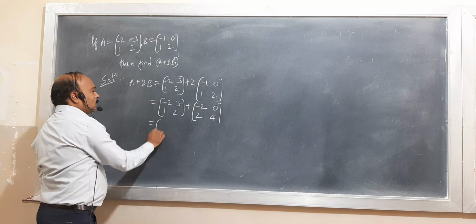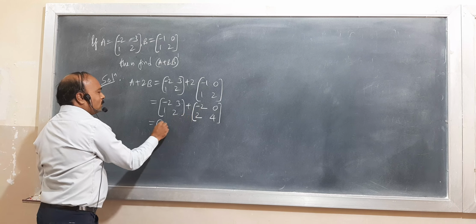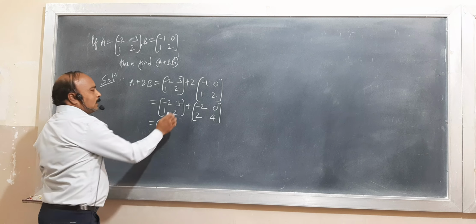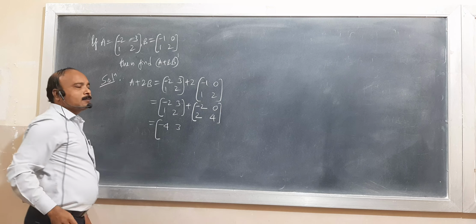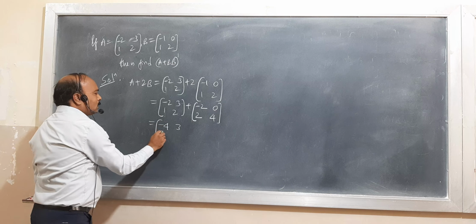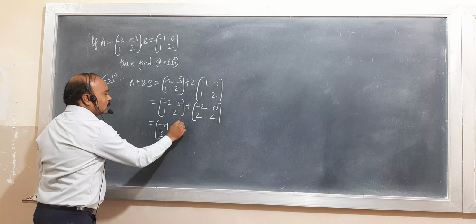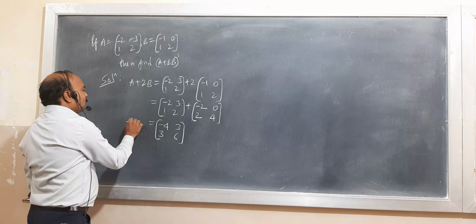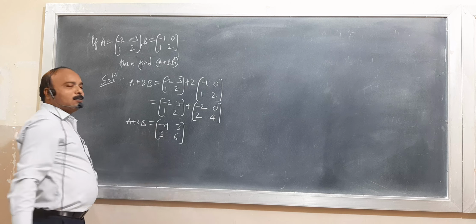Now add these two: -2 plus -2 is -4, 3 plus 0 is 3, 1 plus 2 is 3, 2 plus 4 is 6. It is the matrix A + 2B.